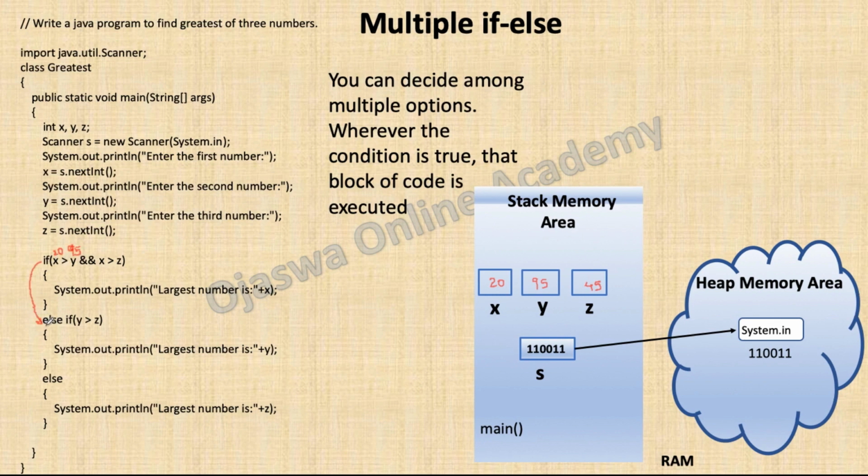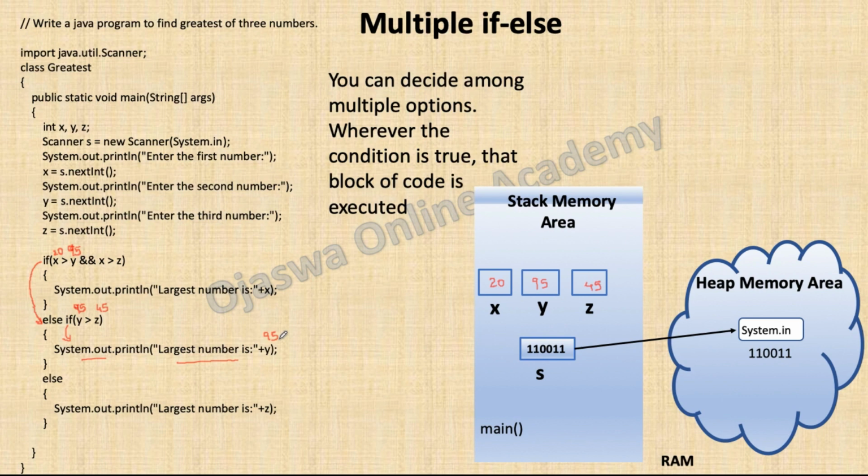Hence control will go to the else if block and we are checking else if the value of y is 95, value of z is 45. 95 greater than 45 is true, and when the condition is true, the block of code is executed. Hence the control will go inside the else if block and this statement will execute. System.out.println, "The largest number is y", that is 95. So this will be my output.